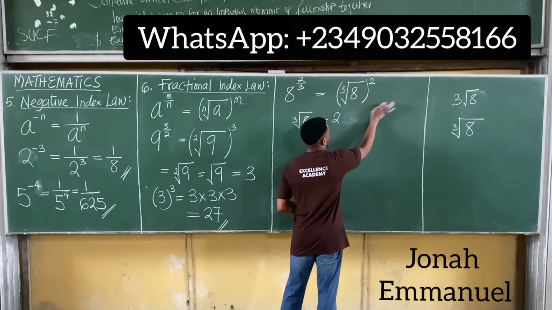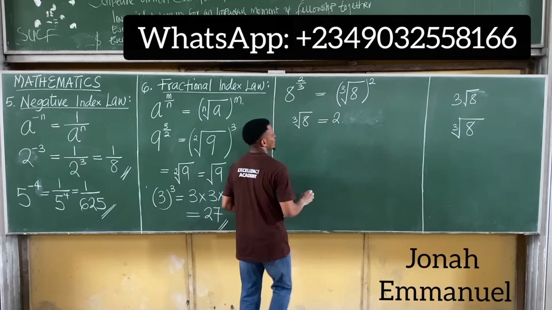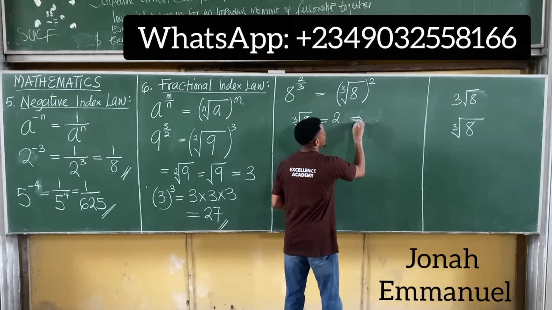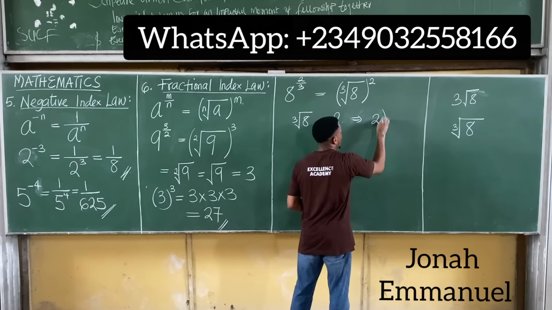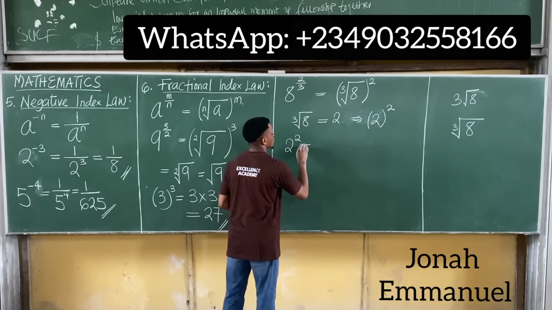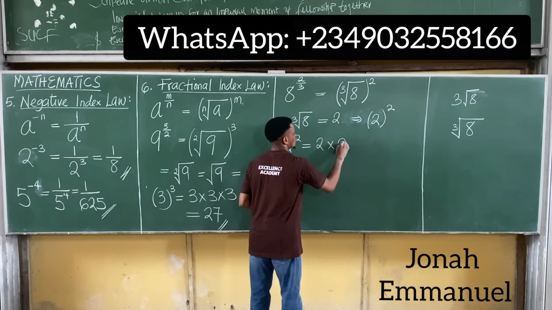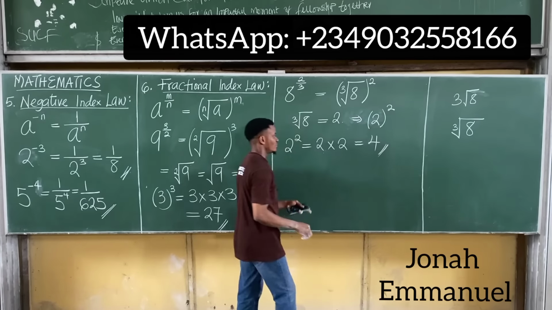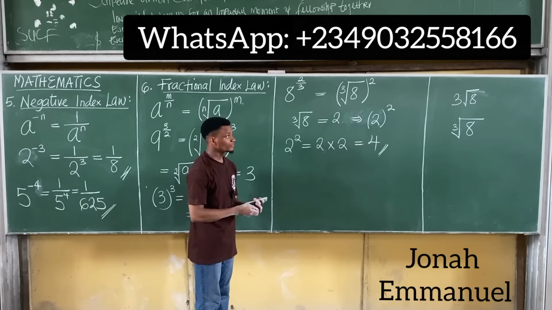That means the third root of 8 is 2. Now we raise this 2 to power 2. So 2 to power 2 is equal to 2 times 2, which is equal to 4. So this is how we simplify this.